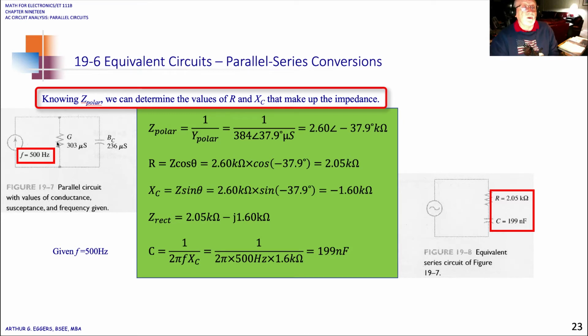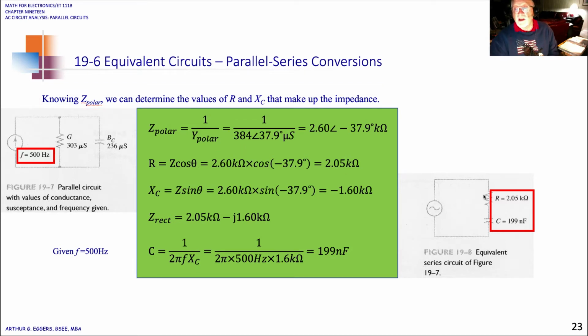We're going to look at the left side and the right side as our before and afters. Z polar, as we said, was 1 over Y polar, that 384 at an angle of 37.9 degrees in microsiemens, which gave us that 2.6 kilo ohms at an angle of minus 37.9.